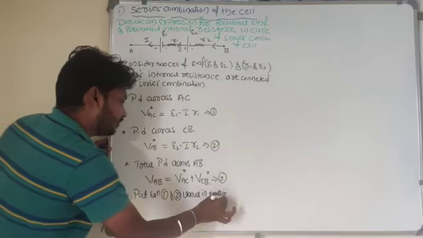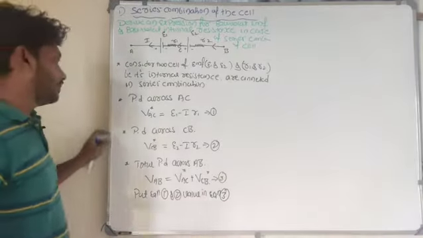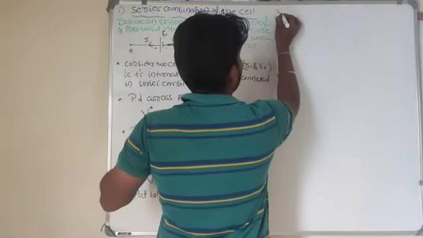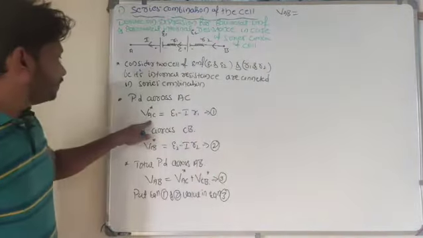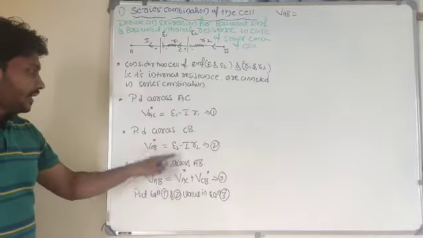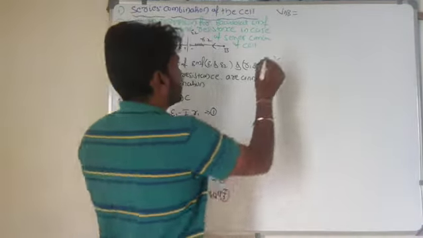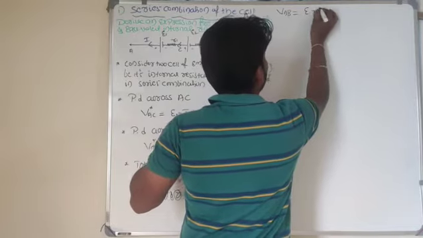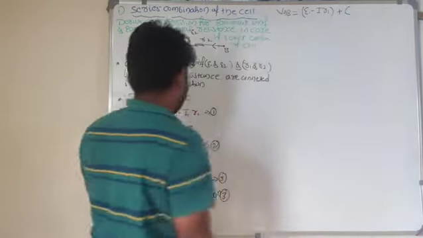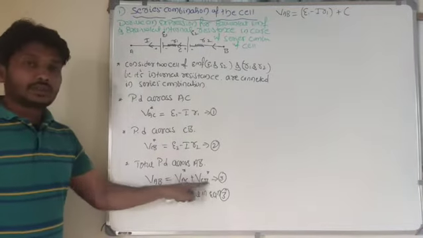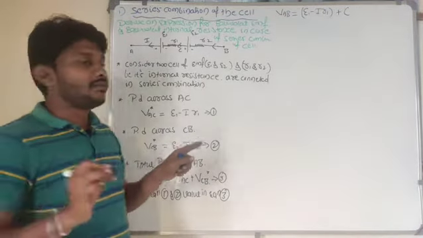So the potential difference across A to B is equal to, for A to C, E1 minus I into R1, plus, for C to B, E2 minus I into R2.